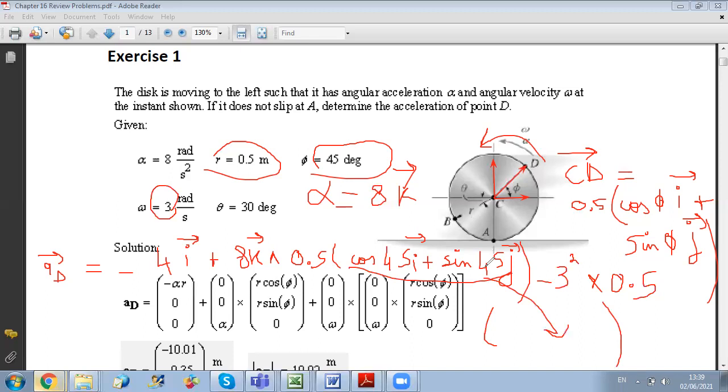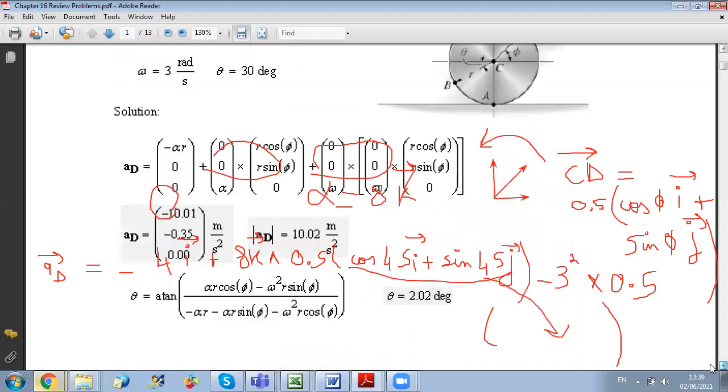Then we take the i components together, the j components together, and we can calculate the acceleration vector.